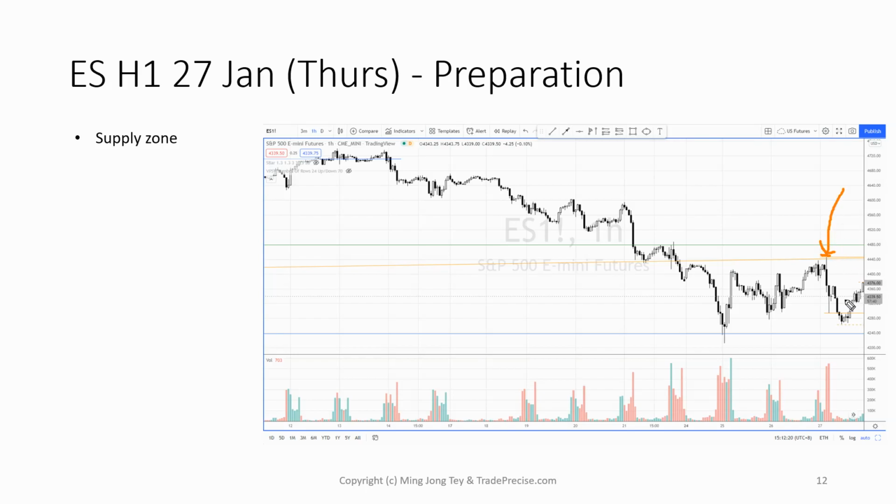When power speaks, the market reacts. So that's actually the selling zone. My plan was to wait for the price to test and reject somewhere around here, right at the selling zone, and then prepare for a short entry.